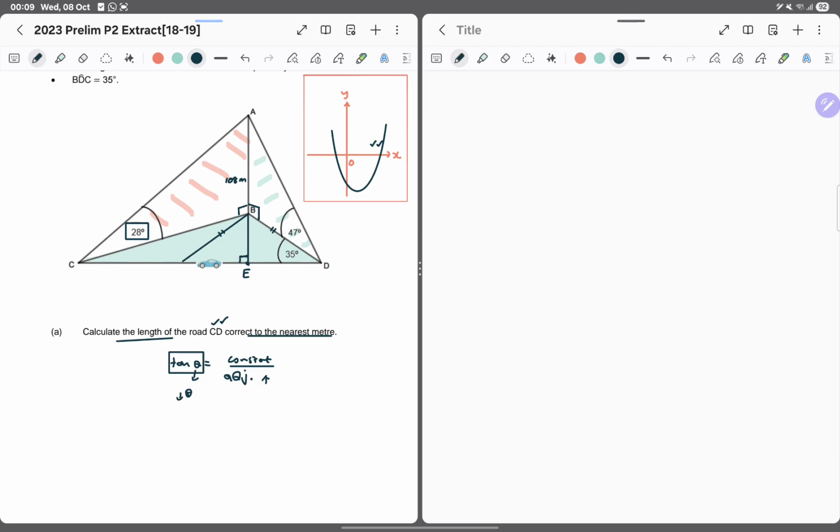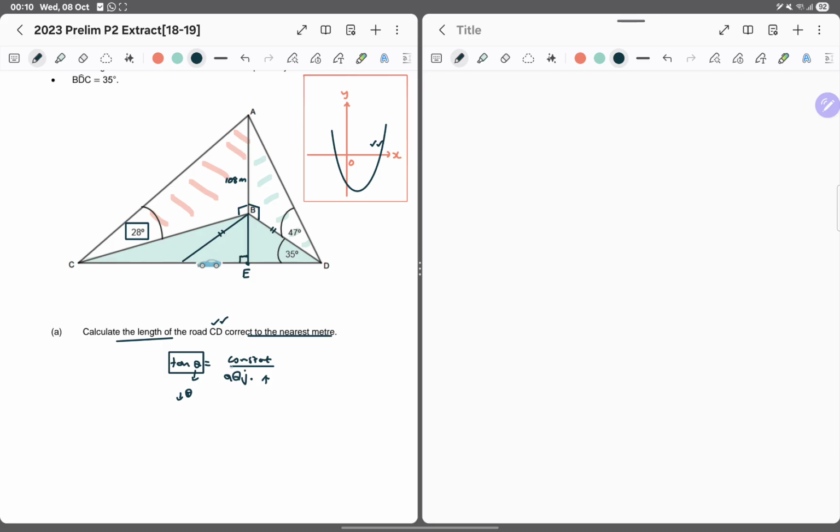Take example, say tan of 1 degree. See what that is. Tan of 1 is basically 0.02, for example. And if we increase the angle to 2, you will see that as the angle increases, the value of tan theta increases, meaning this increases.